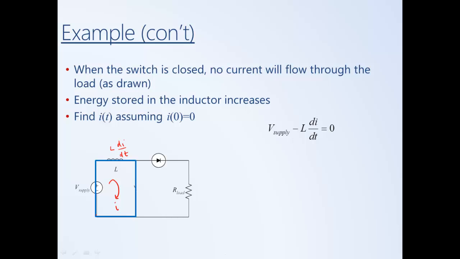If you think back to how we've learned how to solve differential equations, the way that we do that is employing the Laplace transform. So we're going to go ahead and take the Laplace transform of this differential equation. When we do that, V supply we'll treat as a constant, E voltage.